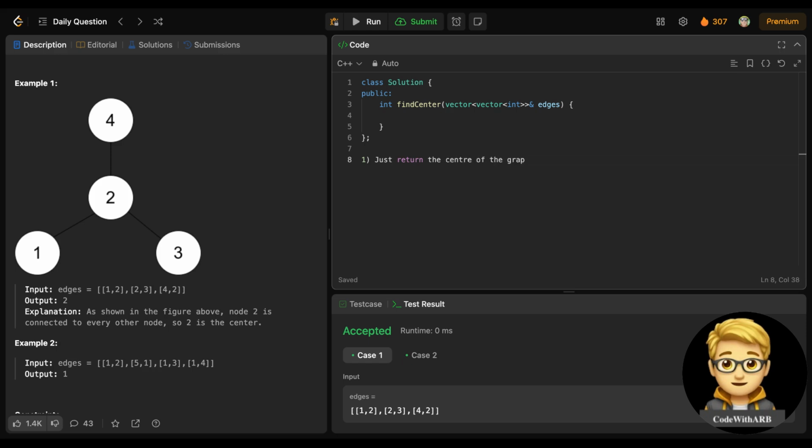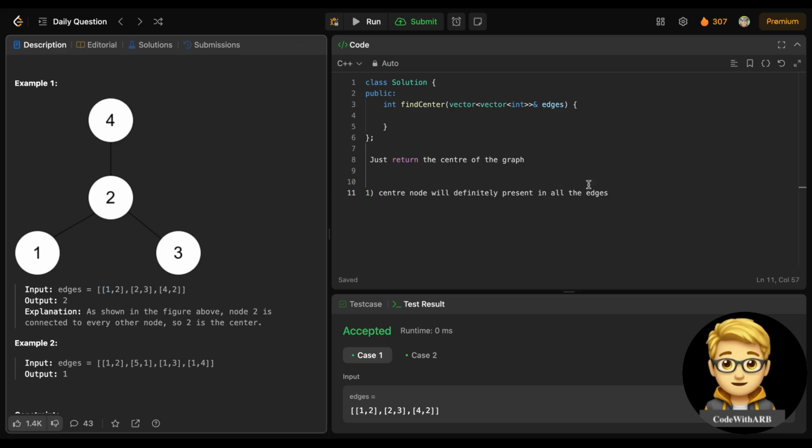So the first observation is that the center node will definitely be present in all the edges, in all the pairs of vertices for a particular edge.